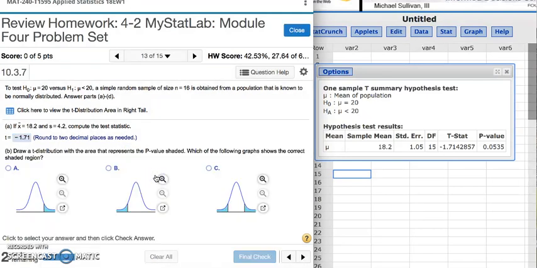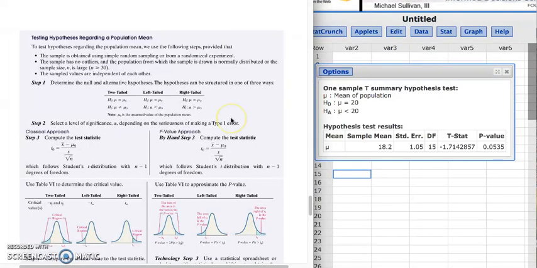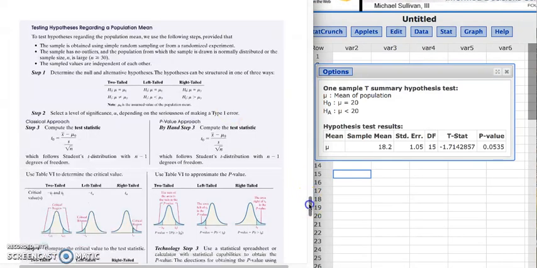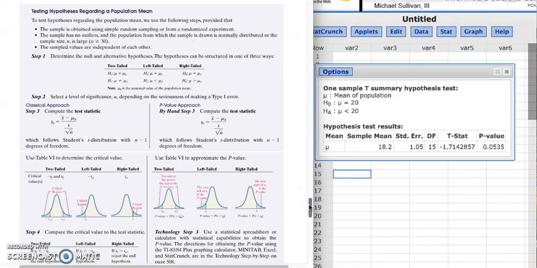Okay. Part B, draw a t-distribution with the area that represents the p-value shaded. Which of the following graphs shows the correct shaded region? Now, just to remind you guys, going to our lesson from this week, this is also from the text and the lesson I posted for Module 4. If our alternative hypothesis is that the population mean is less than some number, it's a left-tailed test.